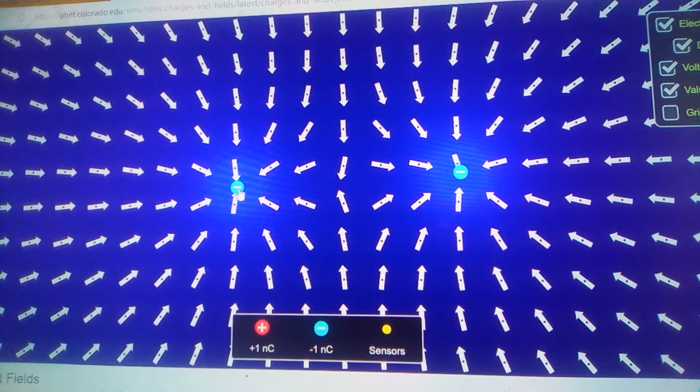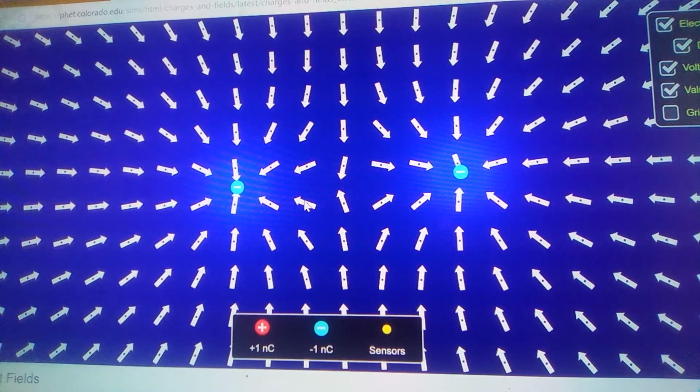We see that between these two charges there is a repulsion force. This is like a neutral point separating these two charges, so they are pushing one another to either side.